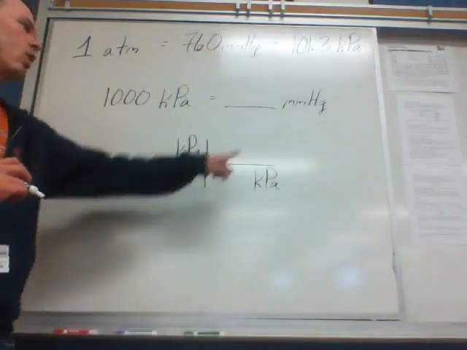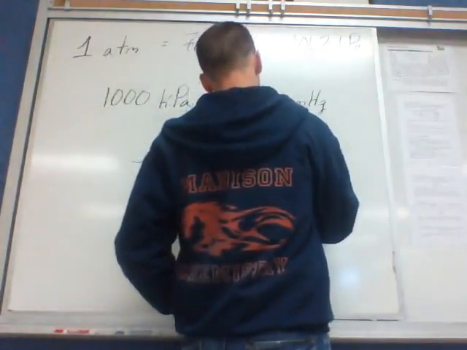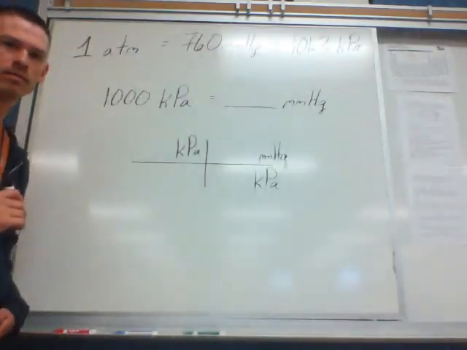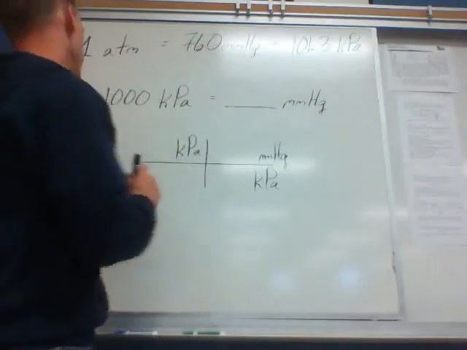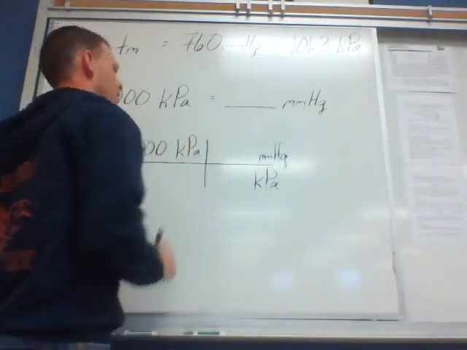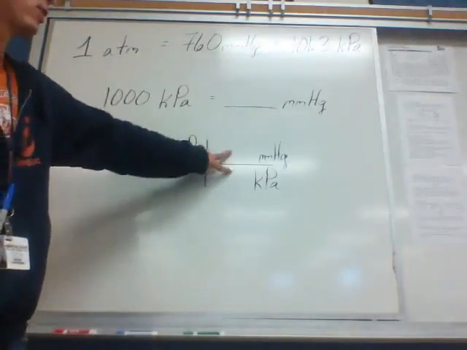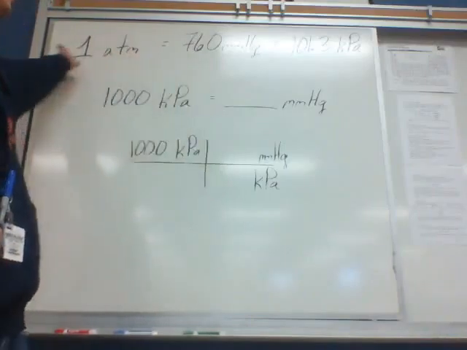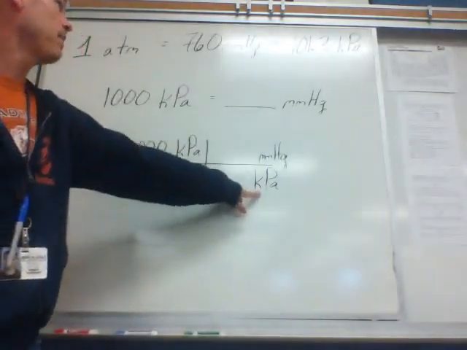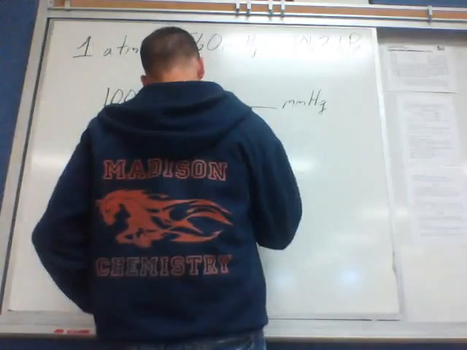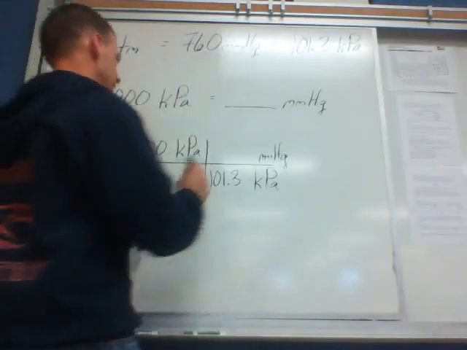The unknown units will go in this square. My unknown units are mmHg. Follow your cheat sheet. Given number is 1,000 in this example. And conversion factors go there. My conversion factors are up here on the top, also listed on your cheat sheet. For kPa, it's 101.3. For mmHg, it's 760.